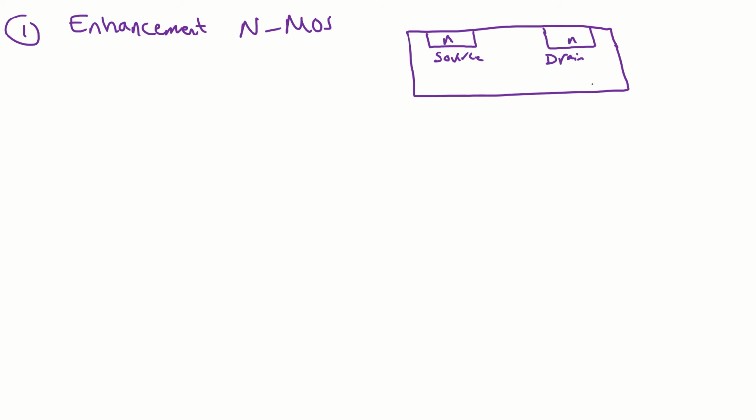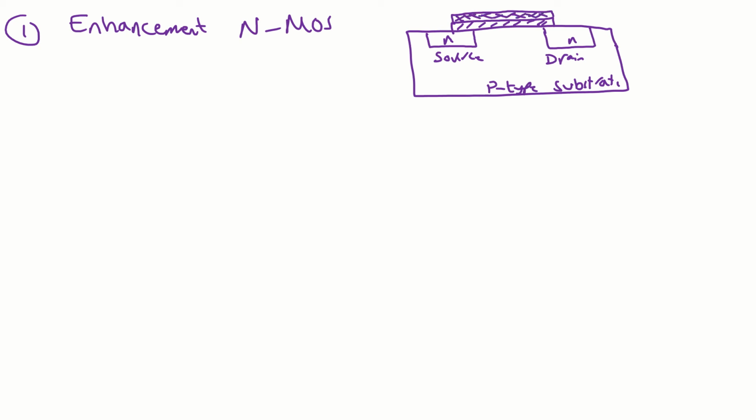Regarding this material, here we have the P-type substrate. Of course we have the oxide, and then we deposit another layer, and this layer is metal.